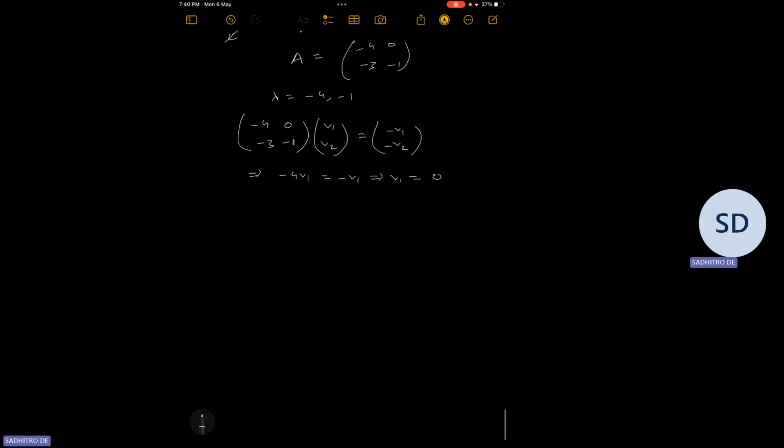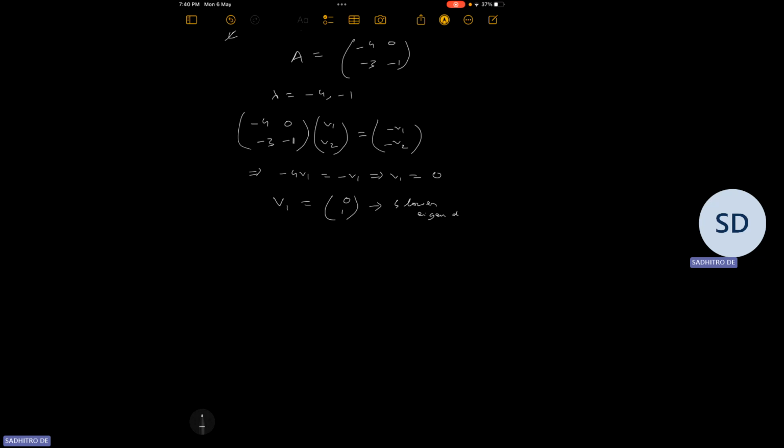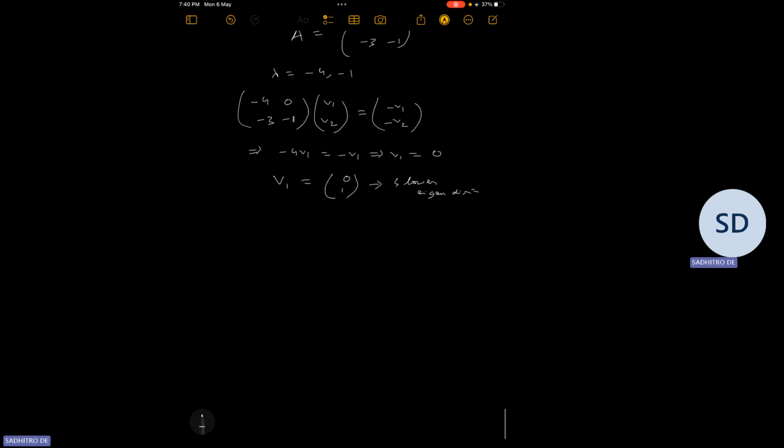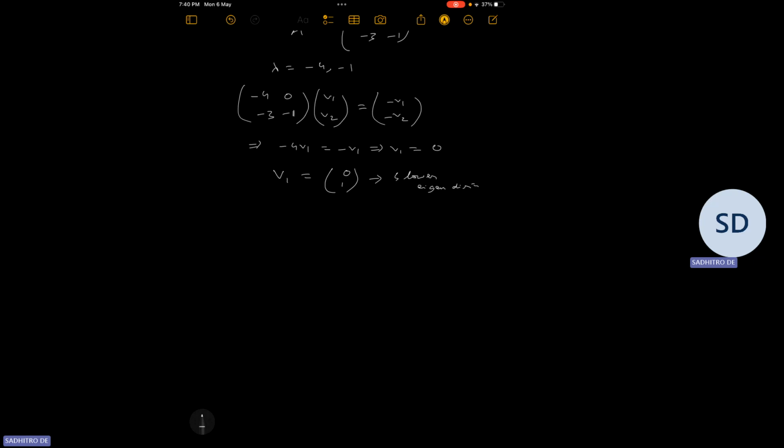Therefore the eigenvector corresponding to the eigenvalue lambda equal to -1 is basically (0, 1). So this is the slower eigendirection, right? And the faster eigendirection is given by the eigenvector corresponding to lambda equal to -4.